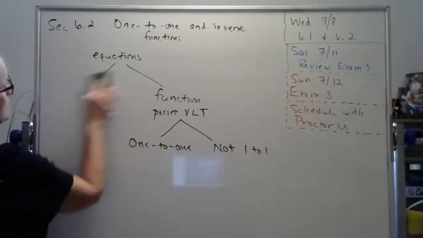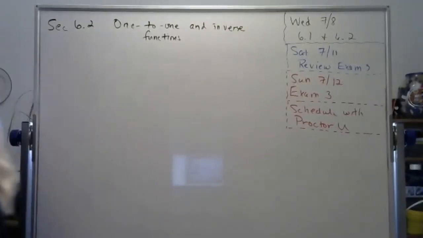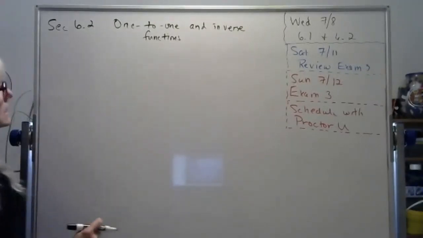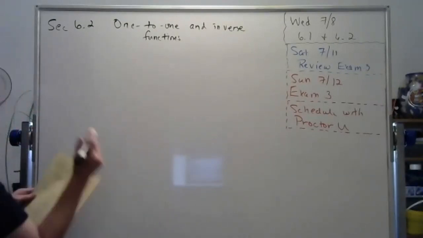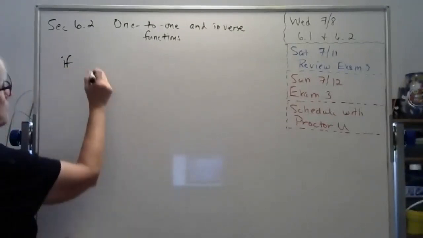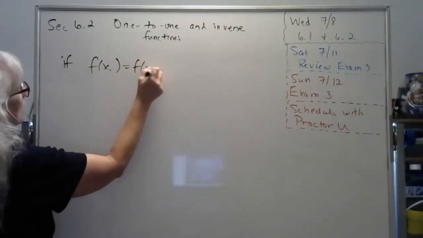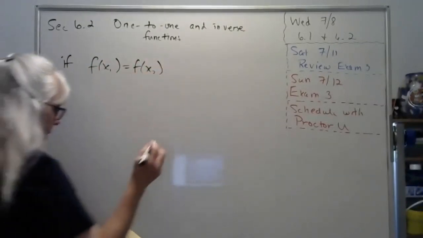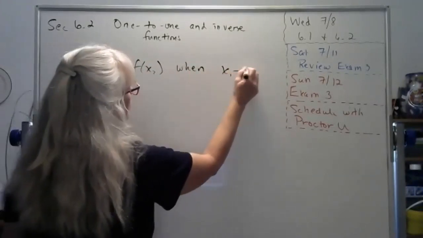Okay. So what the heck is one-to-one and what does it mean? So there's a technical definition on the handout. It's kind of mathematical. So it says a function is one-to-one if, so if f of x1 equals f of x2 then x1 equals x2.